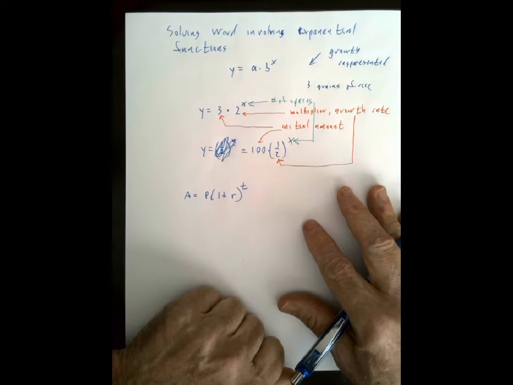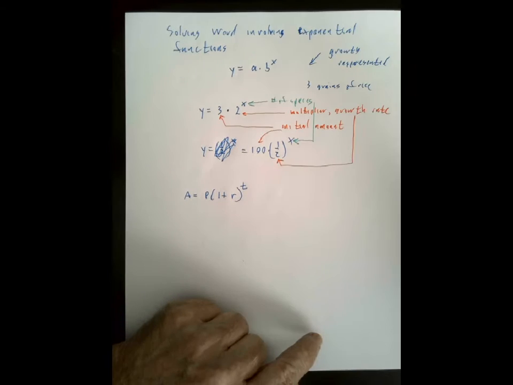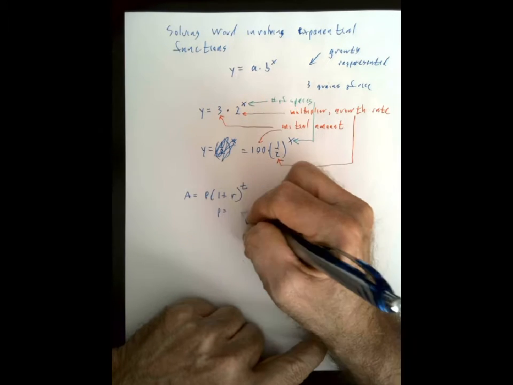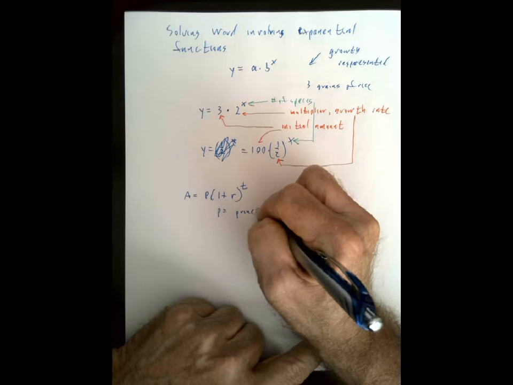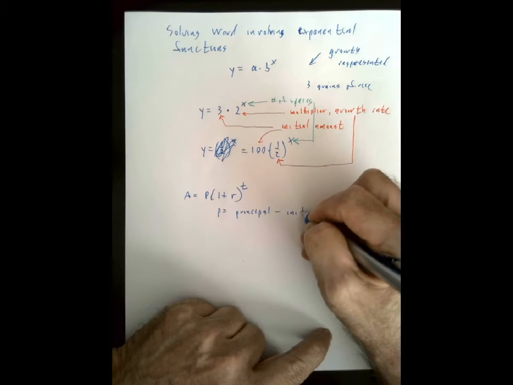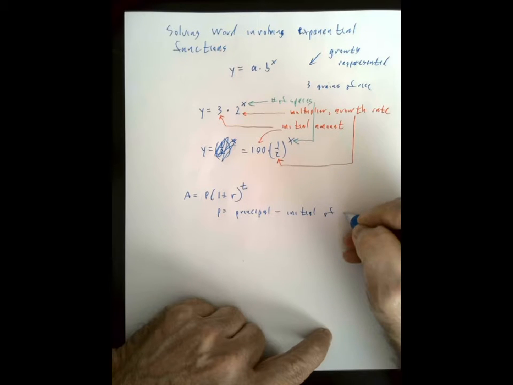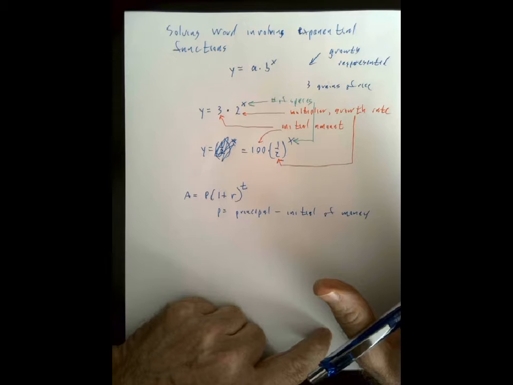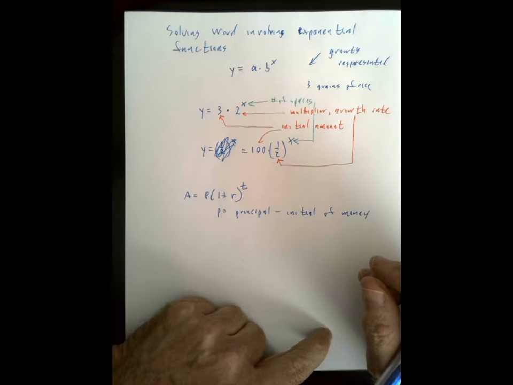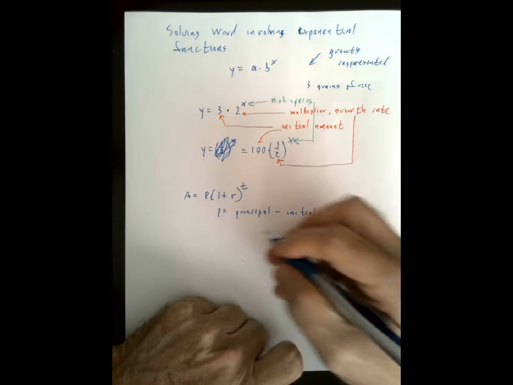Okay, so let's define our terms for this formula. P is the principal. That's the initial amount of money. Now I know that this may not seem clear right now, but give it a minute and it'll all be totally clear.